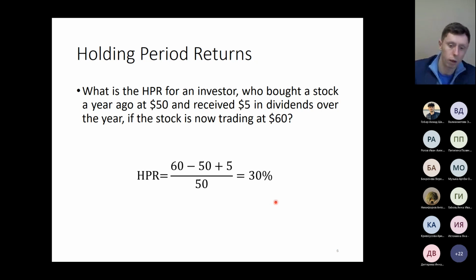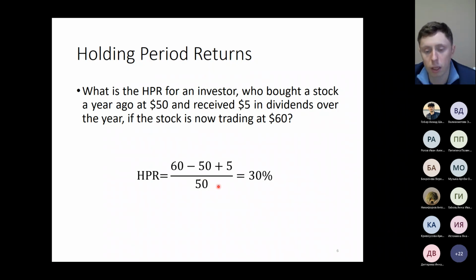This is it. We apply the formula: final price, initial price again, and the dividend that we received during this period. So at the top of the equation, we have return, the income that we generated.